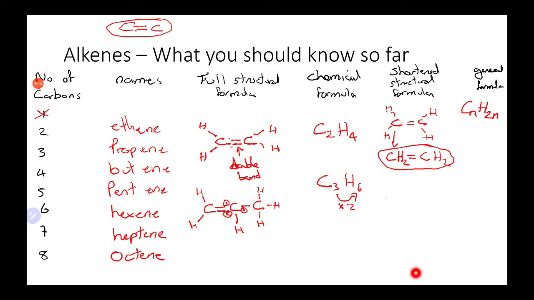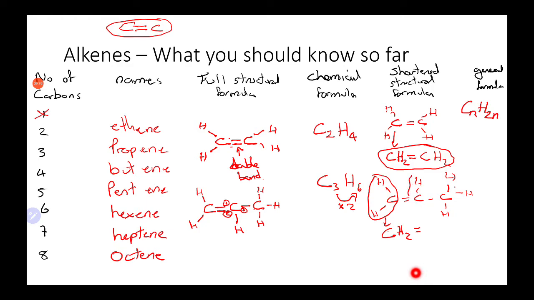For propene, we'll do the same. Let's have a look at them all. The first carbon has 2 hydrogens round about it, so CH2. Then we put our double bond.